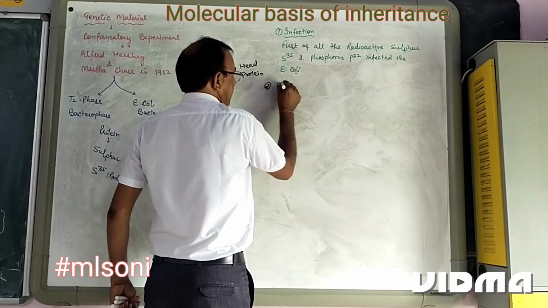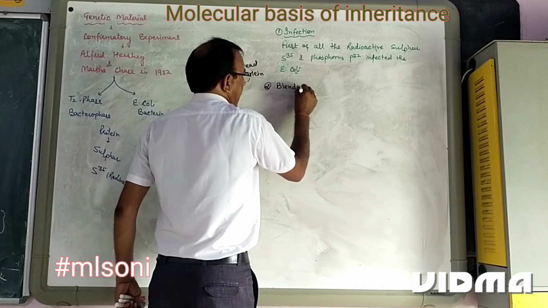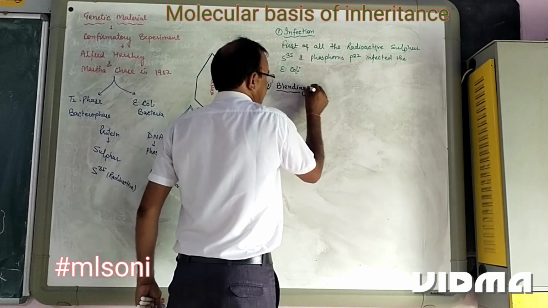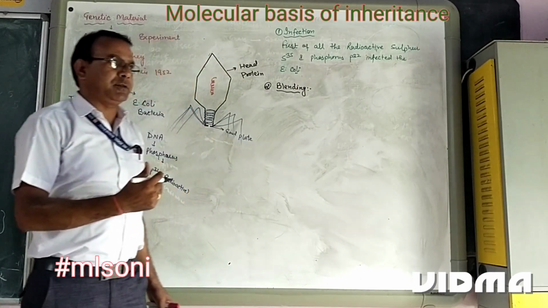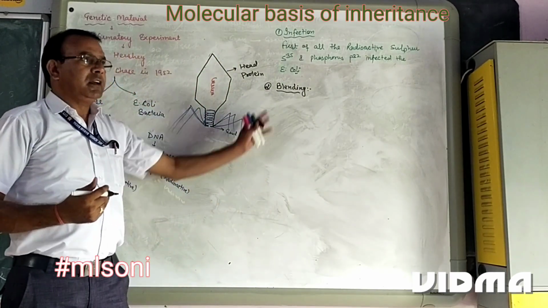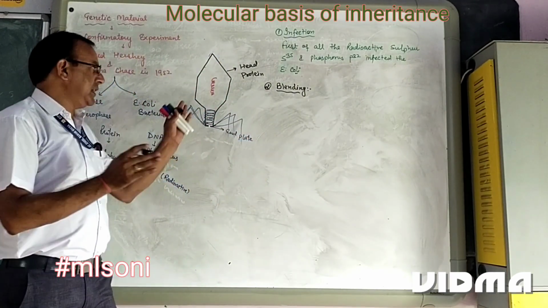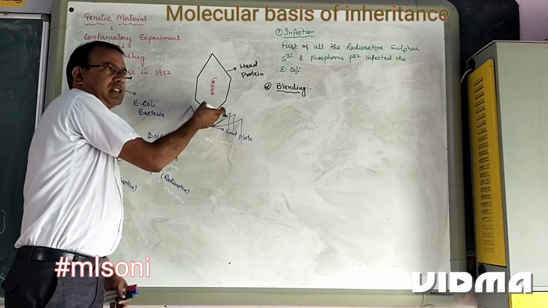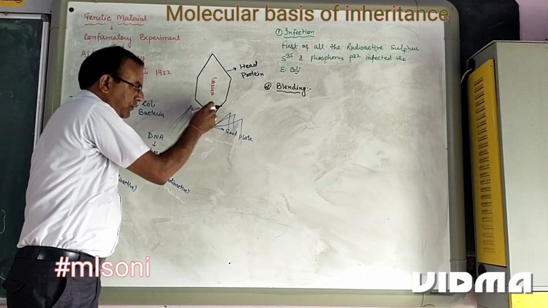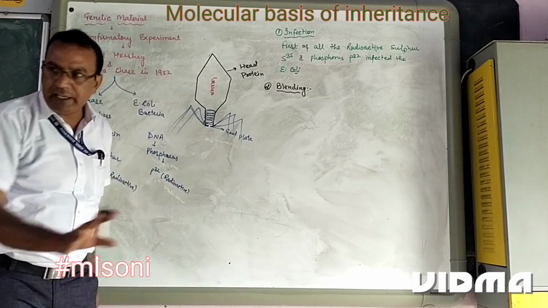The second step is blending. As the T2 phage attaches or adsorbs to E. coli, the substance which is the genetic material is transferred from the perforation site into the E. coli.